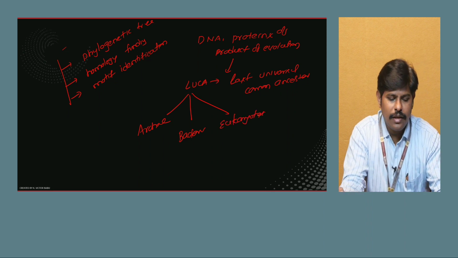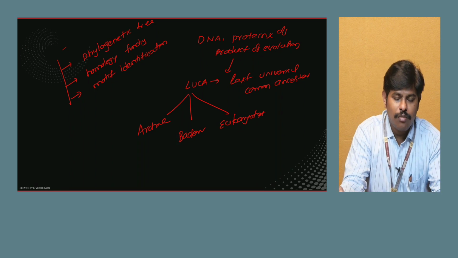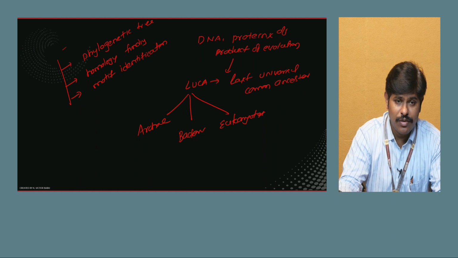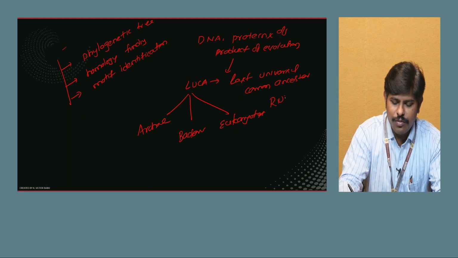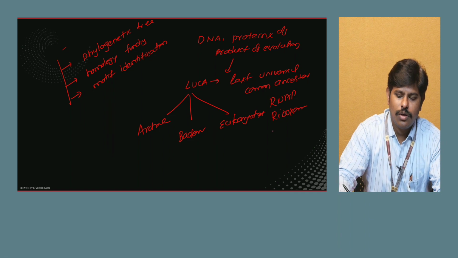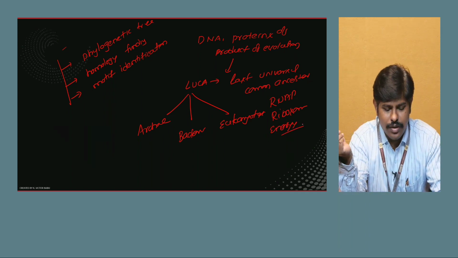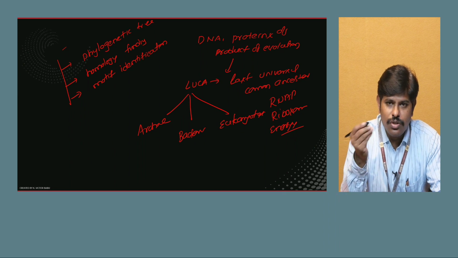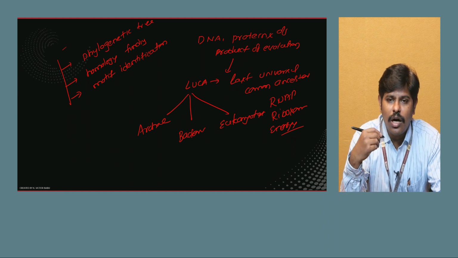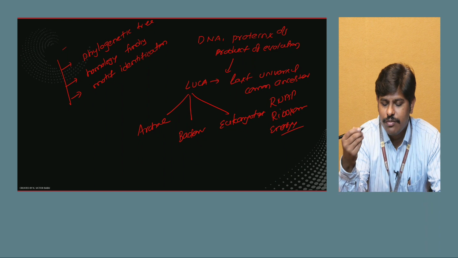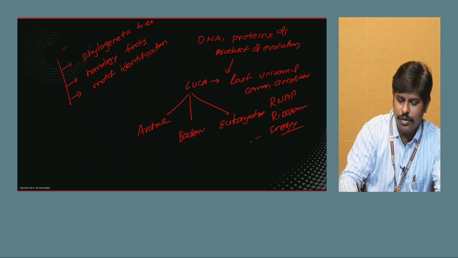If you take the most important enzymes or proteins such as RNA polymerase machineries, ribosomes, or energy metabolism, irrespective of the complexity of the organism, the cells have these mechanisms and proteins conserved.